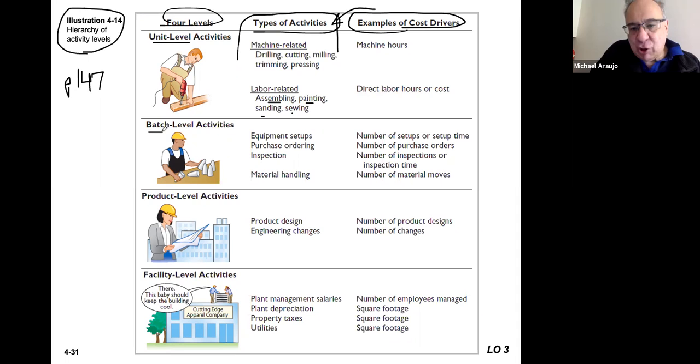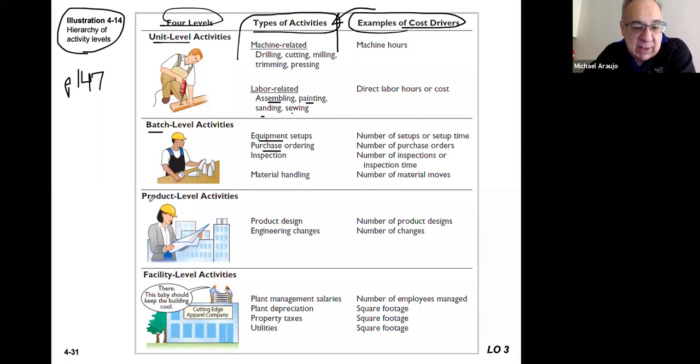In a batch thing, you have, say, setups for equipment or purchase orders per batch. And so these become the activities that are related to batch level. And these are the specific cost drivers in those activities.